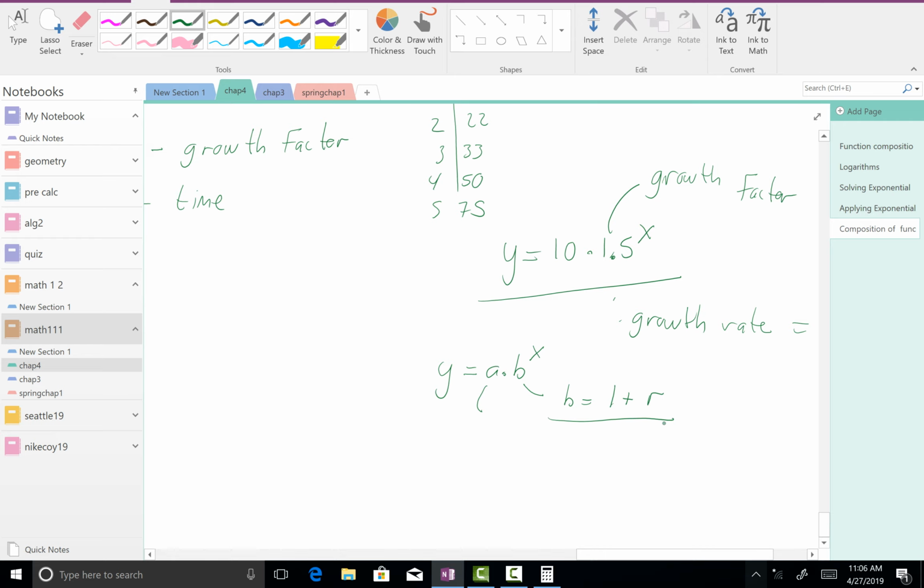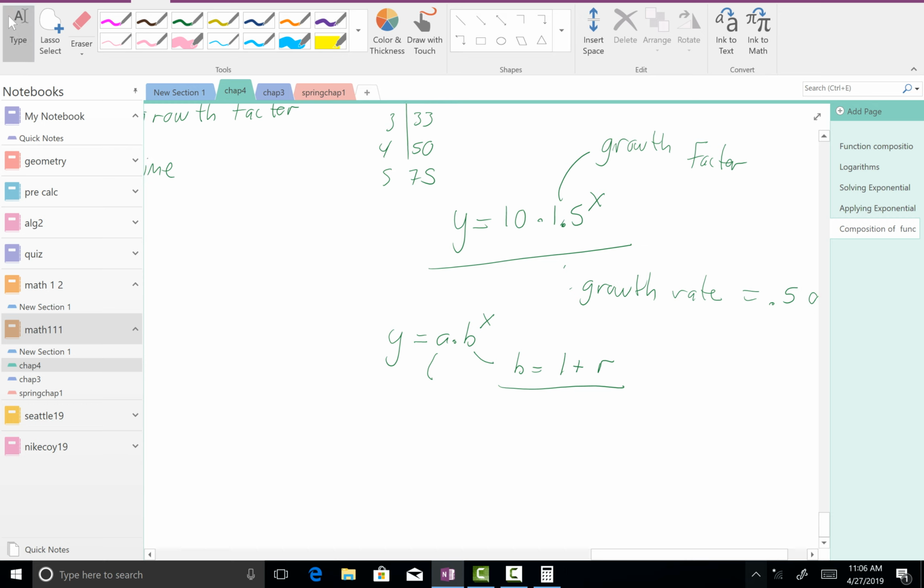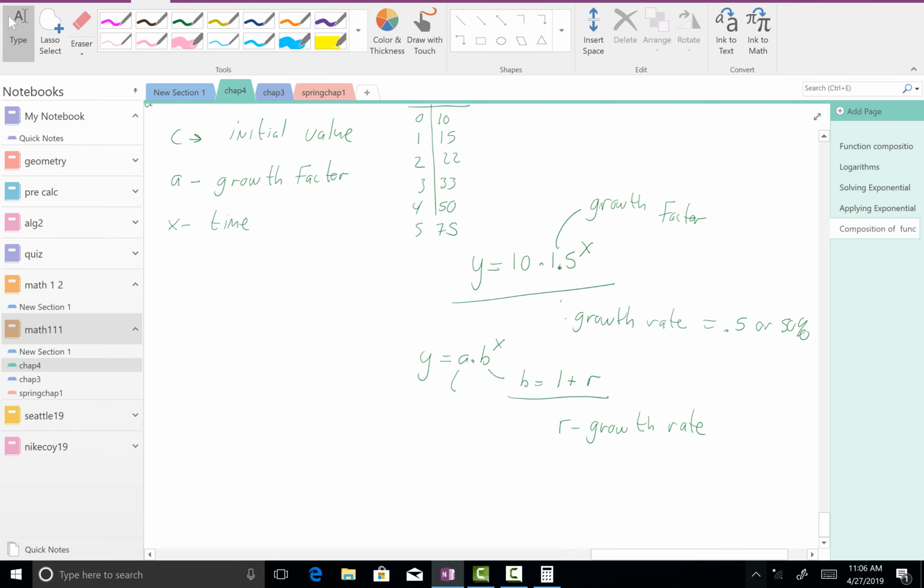So the growth factor and the growth rate are two different things, but you can get to the growth factor by taking the rate and adding 1.